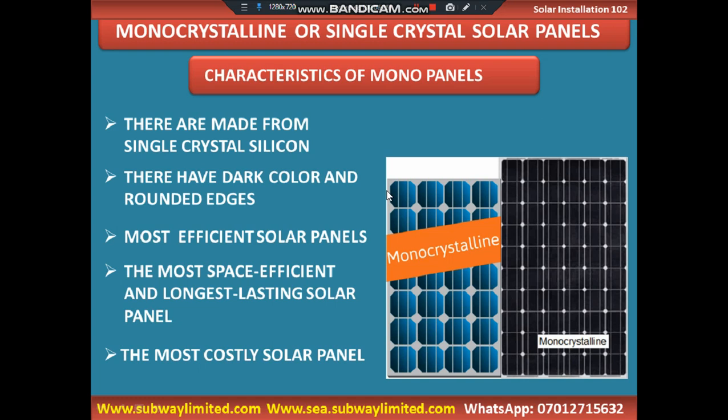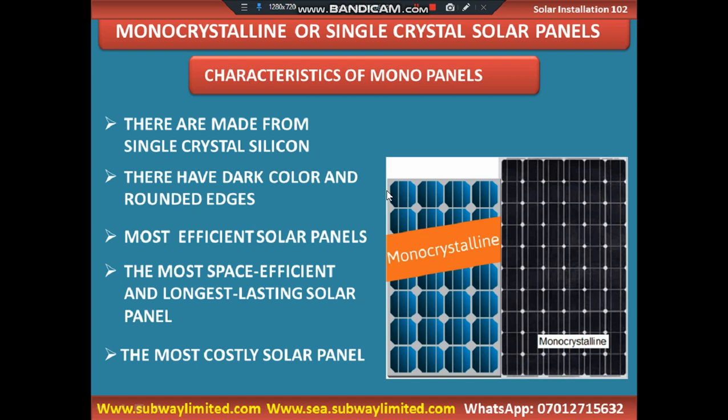These are some of the characteristics, features that will help you differentiate monocrystalline solar panels from the polycrystalline and the amorphous solar panels in the market. One is that they are made up of single crystal.